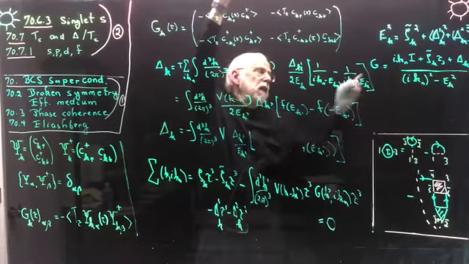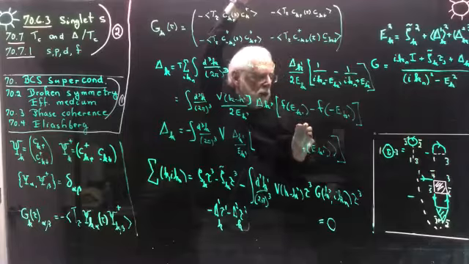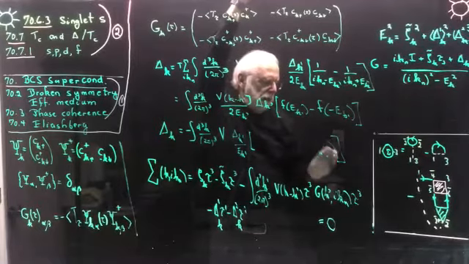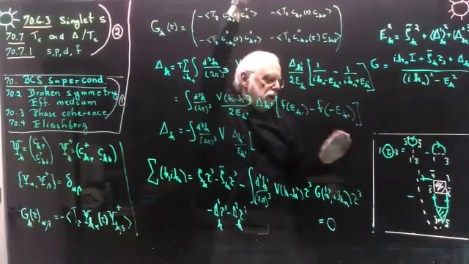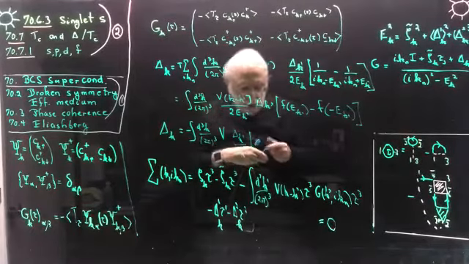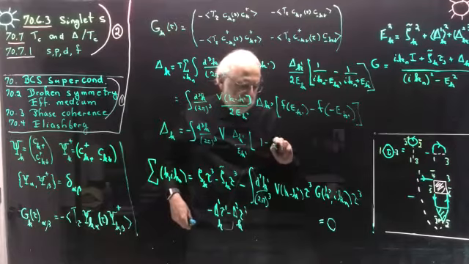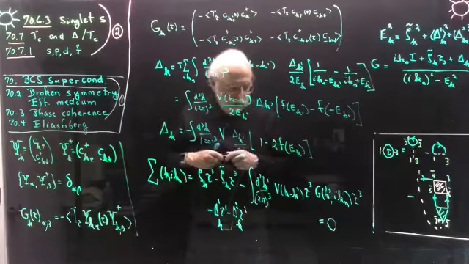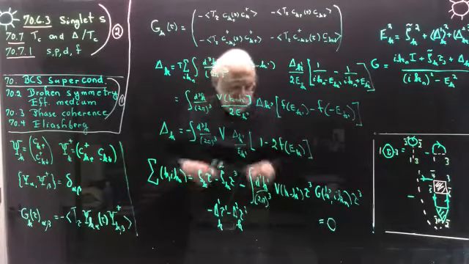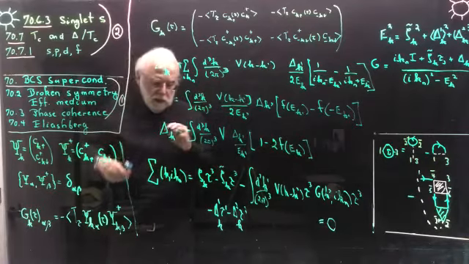Okay, I've defined E k. E k really is the square root of this, but I've taken the positive square root when I divided it like this. So this is 1 minus 2 f. So this is the famous BCS equation.